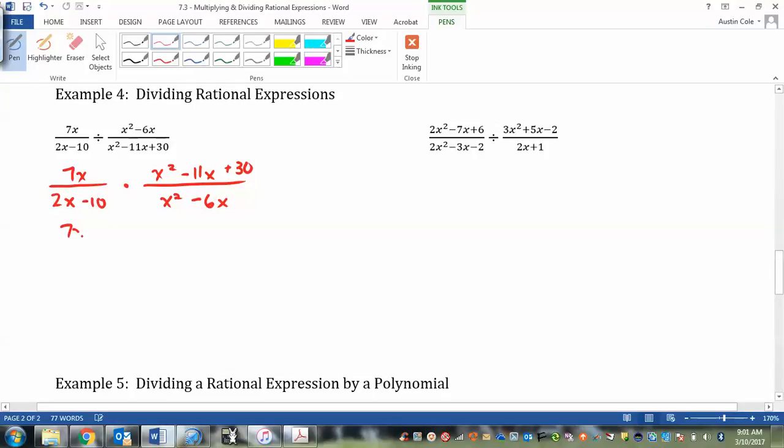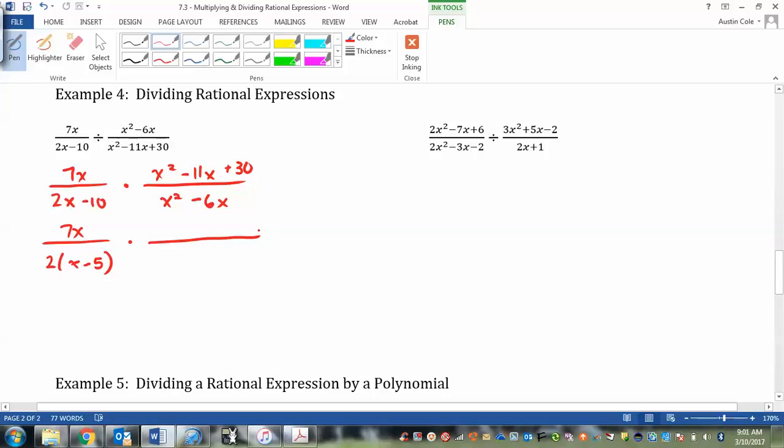So I got 7x, that doesn't factor. If I look at 2x minus 10, does that factor? Maddie, does 2x minus 10 factor at all? What can we factor out? A 2, yep. So I'm going to factor out a 2. I'm going to have x minus 10, or excuse me, x minus 5, times.